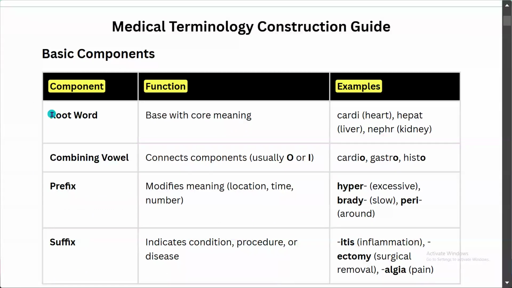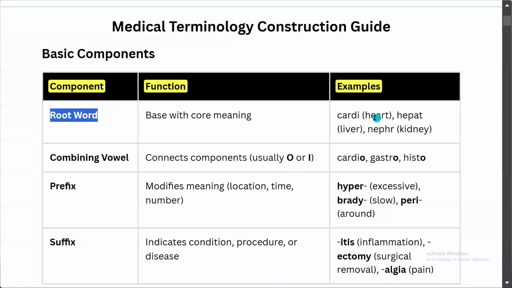One thing is the root word. So what do you understand by root word? Root word means the base with the core meaning. Here you will understand, like heart, you are well known about, but the root word for heart will be cardio, and for liver, the root word is hepato.